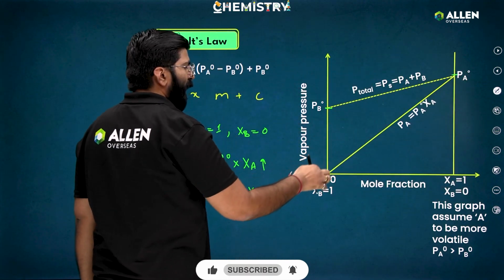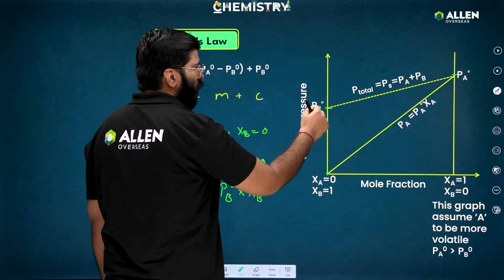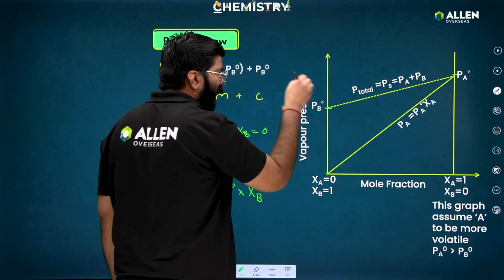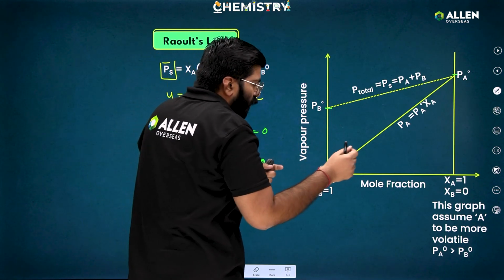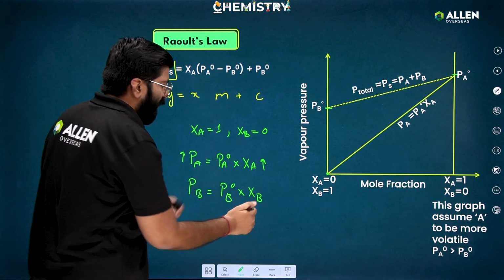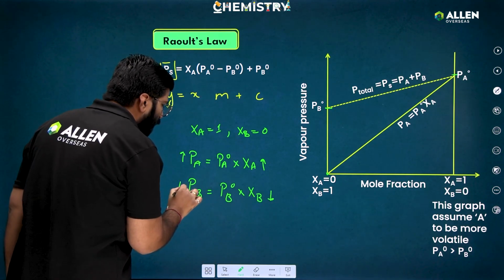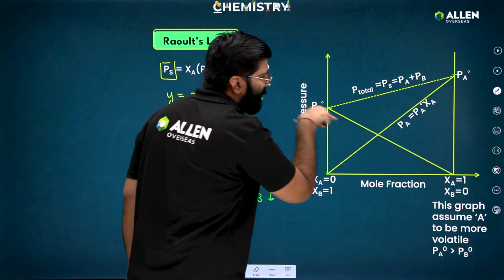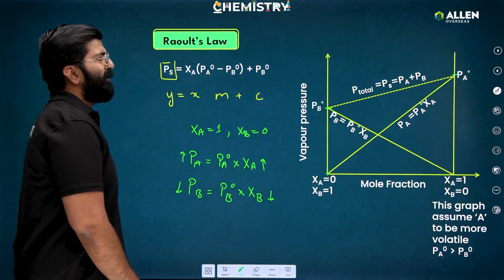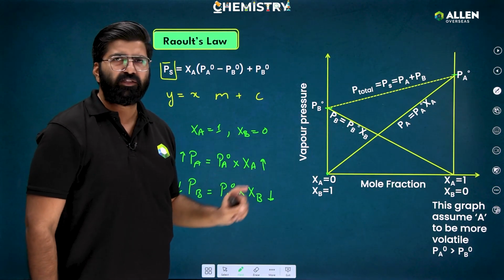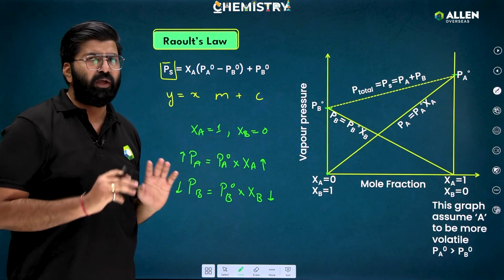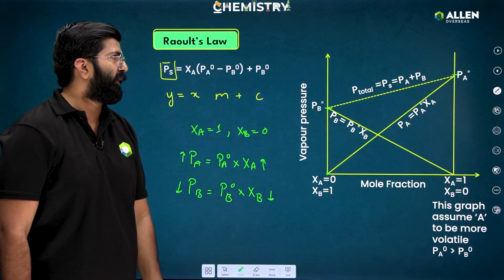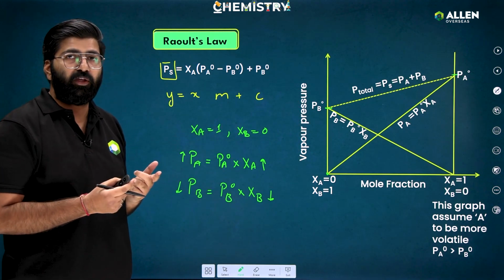In a similar way, at XB is equal to 1, your PB will be maximum over here, and as we go through, our XB will start to decrease. So if this is decreasing, this value will also decrease. That's why over here the graph will be something like this, and this will be for your PB is equal to PB naught XB. So this is the graph which you should know, the idea and how we can draw this type of graph.